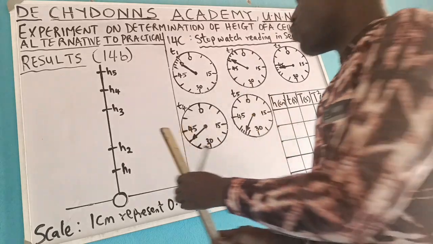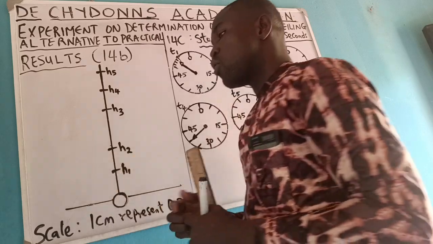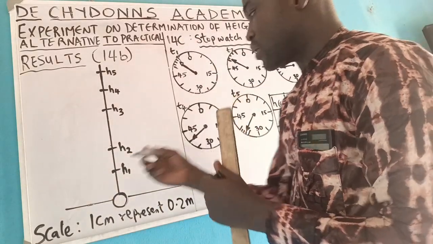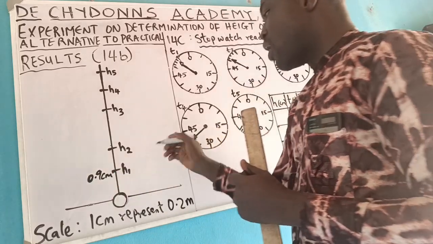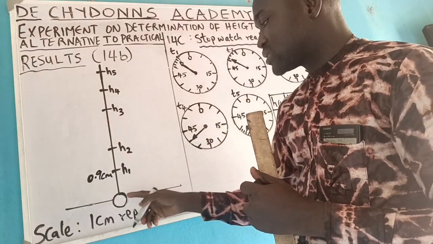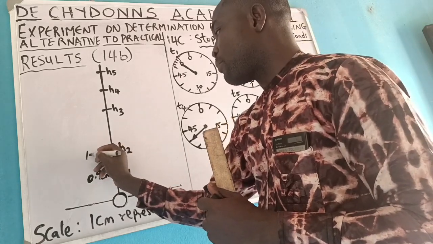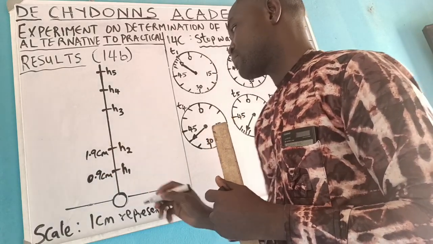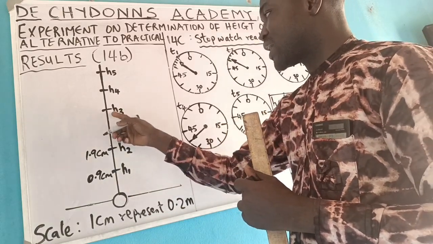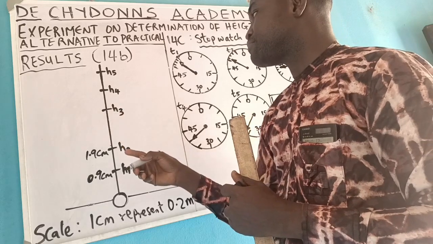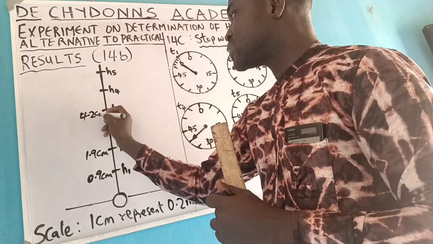Now, when we measured from the ground to H1, we got 0.9 centimeter. Then from the ground level to H2, we got 1.9 centimeter. From the ground level to H3, we got 4.2 centimeter.